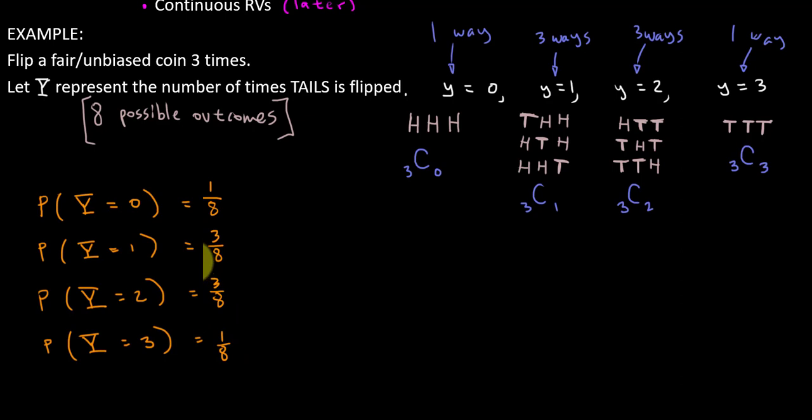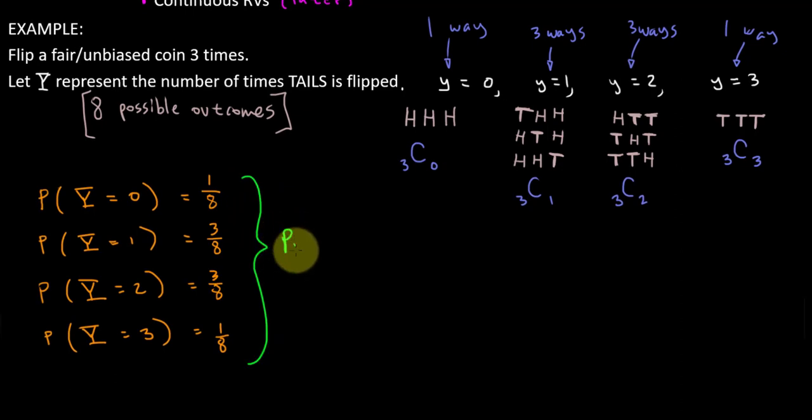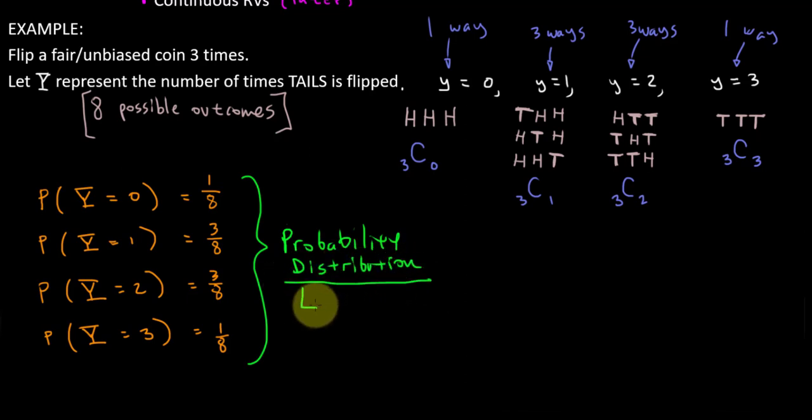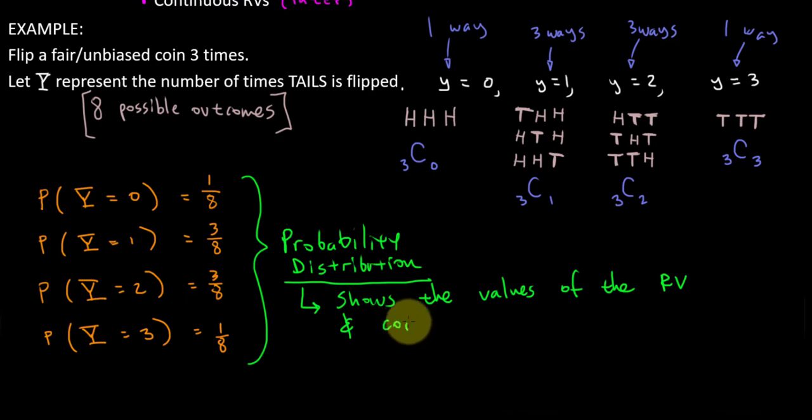What we have just defined here is called a probability distribution. It shows the random variable, its possible values such as 0, 1, 2, 3, and its corresponding probabilities. We're counting number of tails, right?